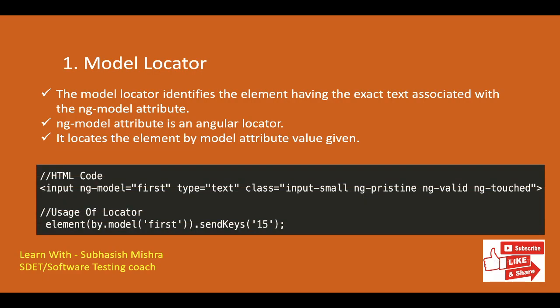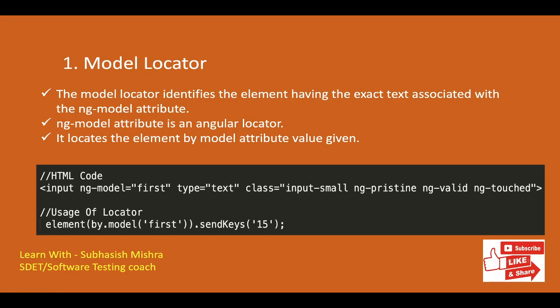Here you see the HTML code, and here you see the ngModel. So this tagline is representing one element in the web page. Here you can see ngModel attribute with value as first. So if ngModel is the attribute present in your HTML, you can use the model locator.